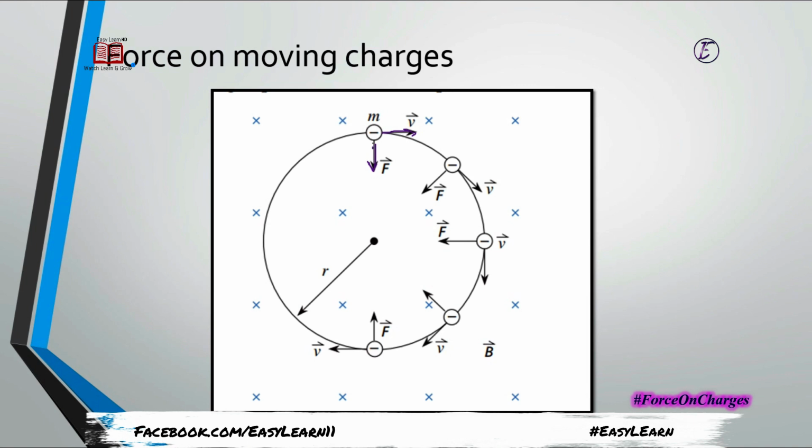According to the right hand rule, put your fingers into the screen, and your velocity must be towards the right, and your palm will point upward, but this is a negative charge, so do the opposite, and its direction is downward.